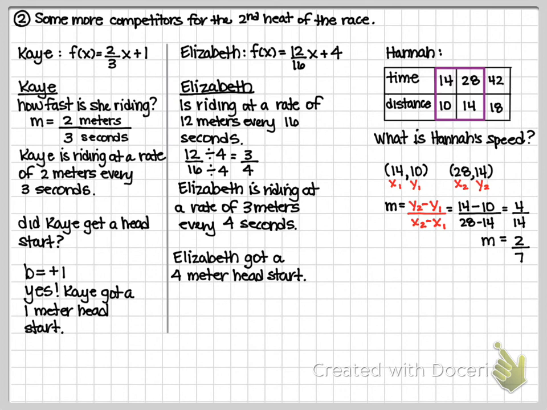Now that's her slope, but I need to identify it as her speed. So I would say Hannah is riding at a rate of 2 meters every 7 seconds.